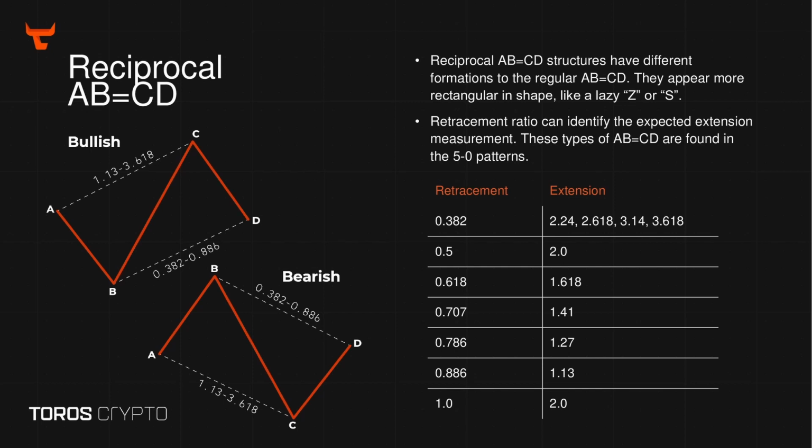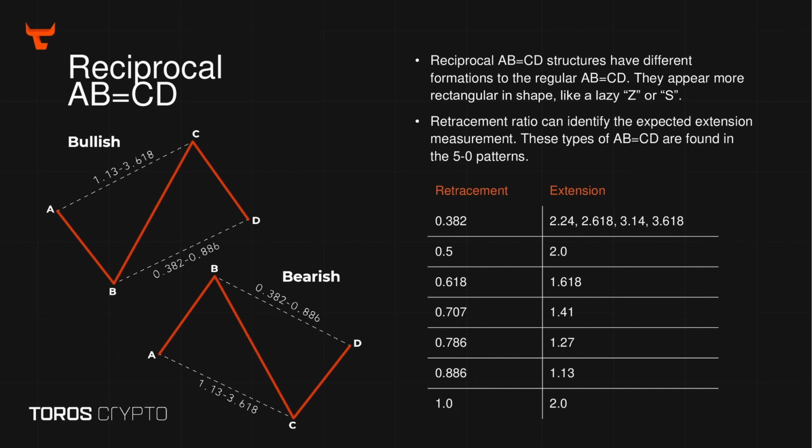Like the other ABCDs, we do have combinations of ratios, and I have them on the right. The extensions for the ratio alignments are a little bit different, and as you can see, they go right up to the 3.618, so that's bigger than the other ABCDs.